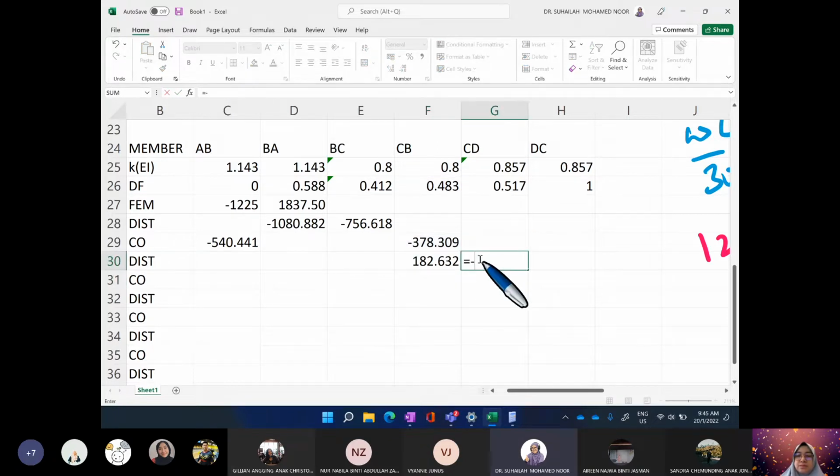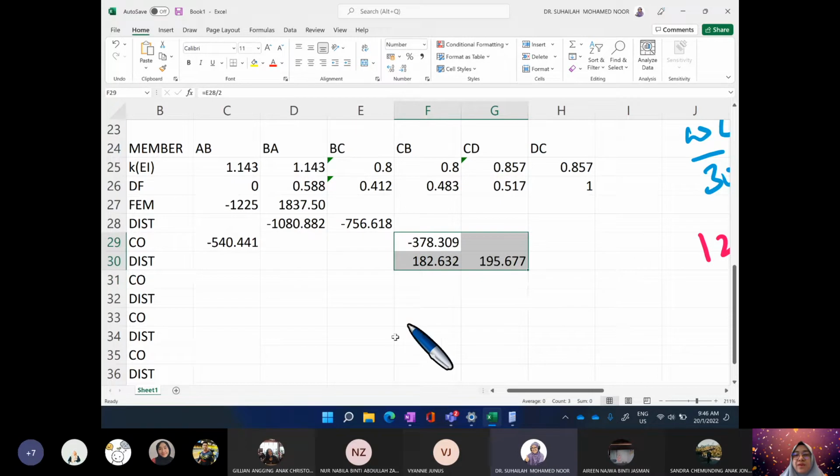And for CD, times with the distribution factor. Okay, so these four values will equal 0.